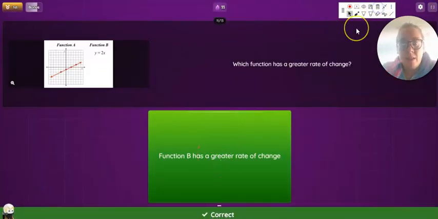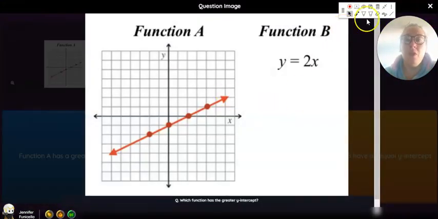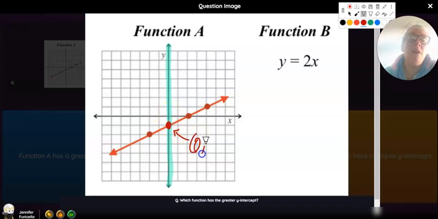Brilliant. 2 more questions here. Which function has a greater y-intercept? So these are the same functions. Function A, again, whenever we're finding the initial value, the y-intercept, we're finding where does it cross that y-axis. So we see that happening right here at this point, which is 1 below 0 at (0, -1). So that initial value is -1.